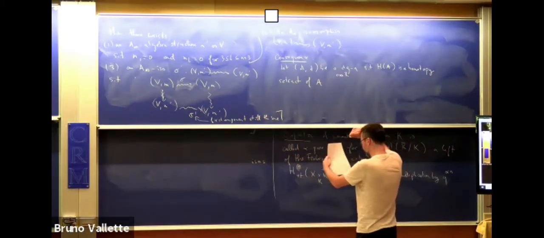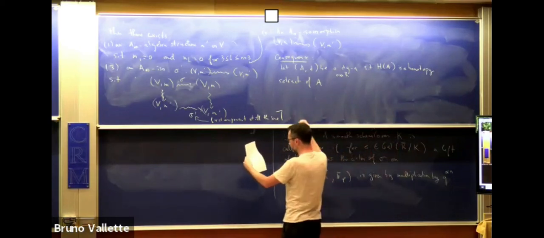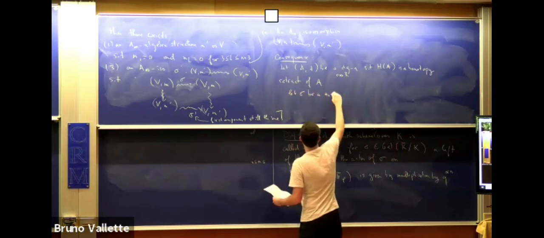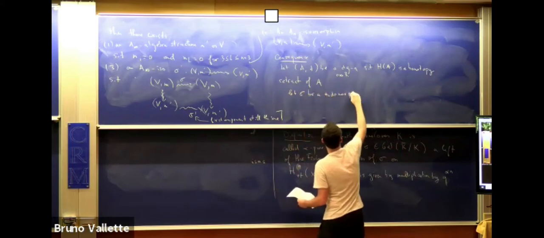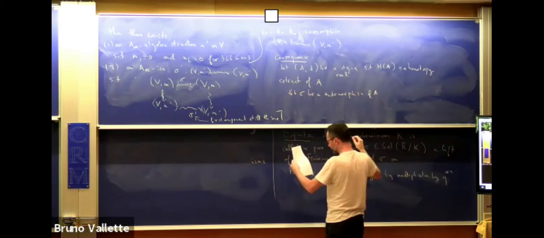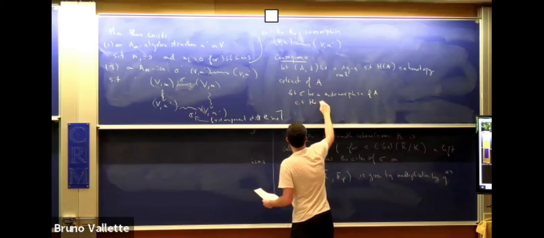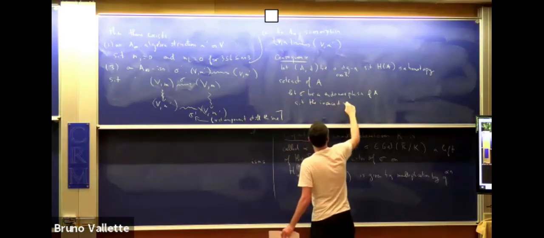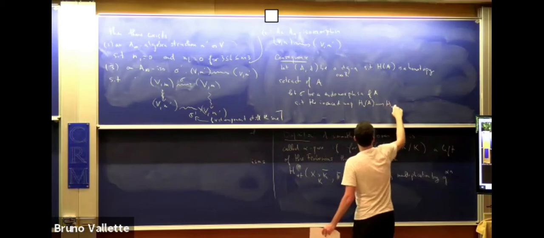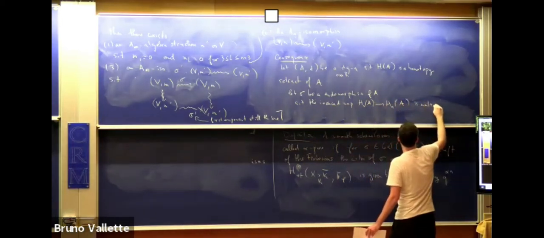Consequence. So lambda is a unit as before. Let sigma be an endomorphism of A such that the induced map in homological degree n is multiplication by lambda to the n.